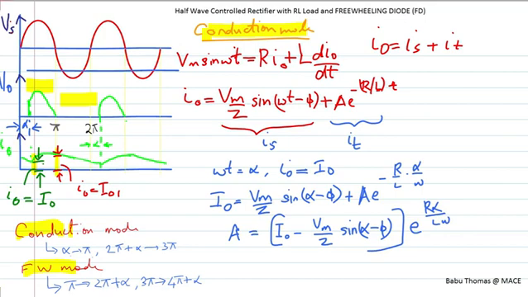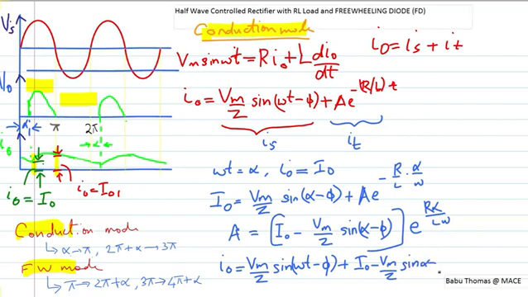Therefore, substituting the value of capital A in the above equation, you can write I naught is equal to Vm by Z sin of omega t minus phi plus the transient term with e raised to minus the exponent.